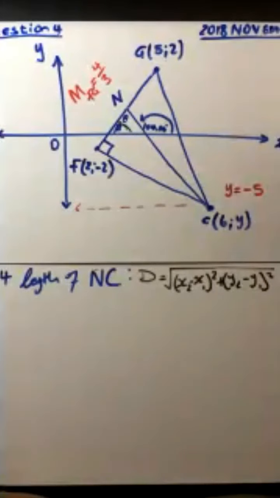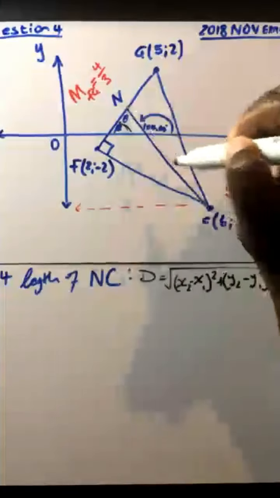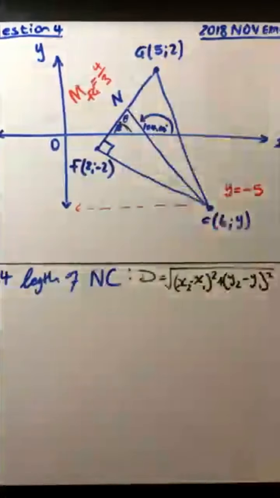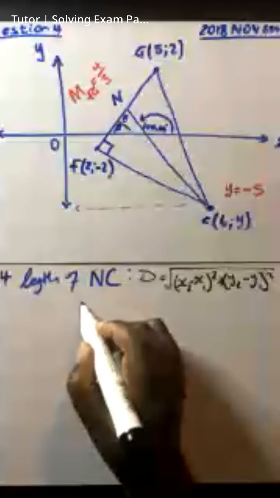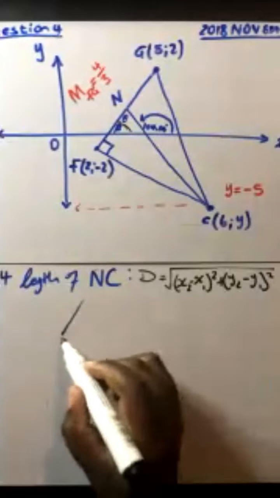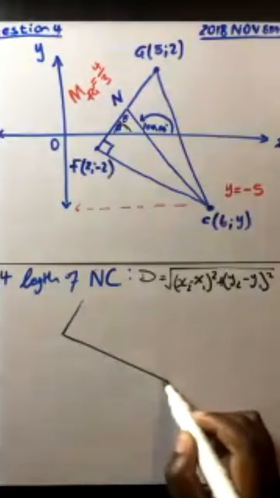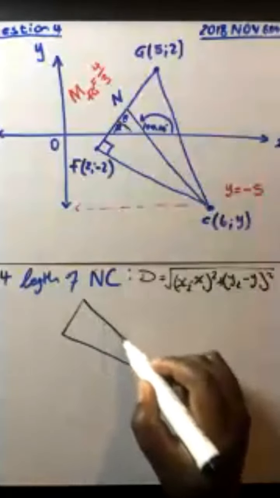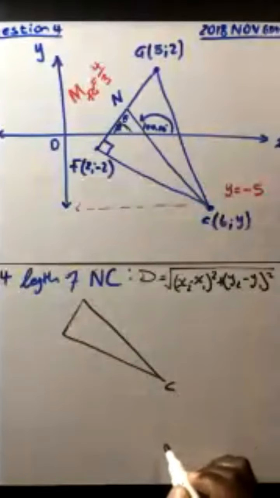So let's see, they want the length of NC. The other thing that you can think of, ladies and gentlemen, we've got a triangle. I'm not sure if you're noticing what I'm seeing, guys. We've got a triangle of CFN.